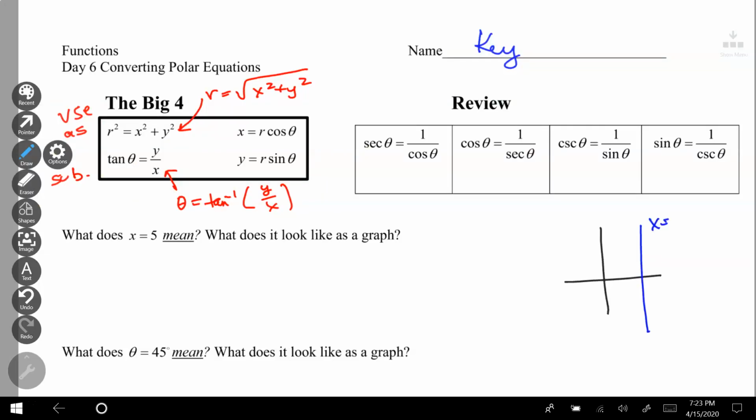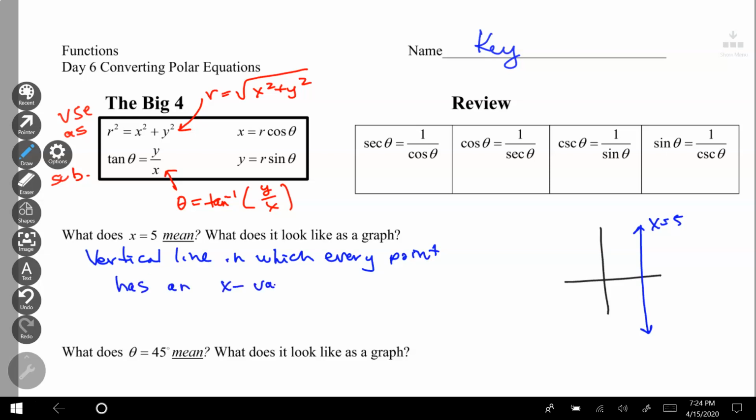We would have x equals 5 because it is a vertical line in which every point has an x value equal to 5, and it could have any y value. That's what x equals 5 means. It's a vertical line, and every point is going to be 5 comma something.